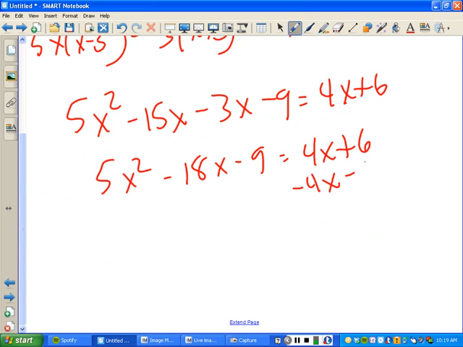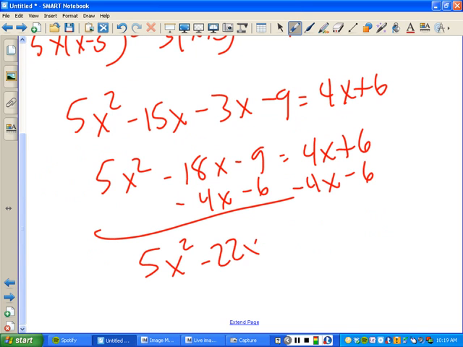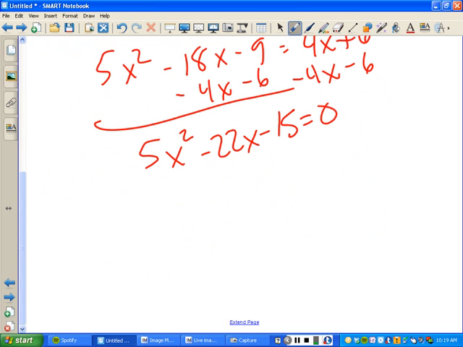Subtract 4x, subtract 6, subtract 4x, subtract 6. 5x squared minus 22x minus 15 is equal to 0. You gotta be kidding me. We have to factor that? Yes. Actually teasing.